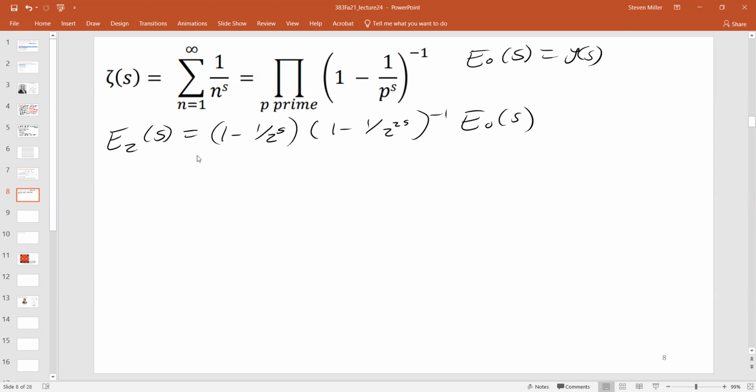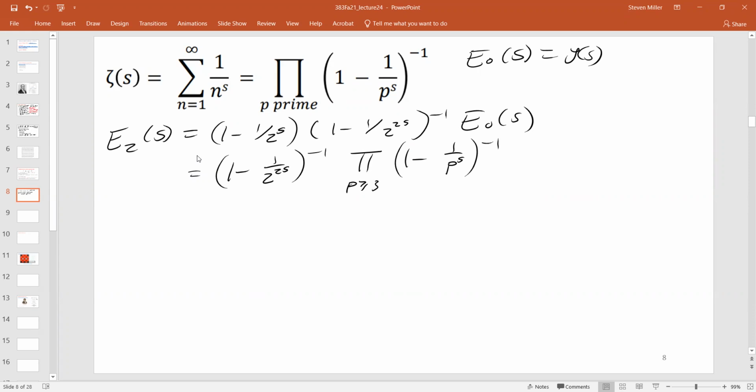I multiply by 1 minus 1 over 2 to the s, so that cancels that out. And I replace it with 1 minus 1 over 2 to the 2s inverse. So this is now 1 minus 1 over 2 to the 2s inverse, times the product over p greater than or equal to 3 of 1 minus 1 over p to the s inverse. This is very closely related to the Riemann zeta function.